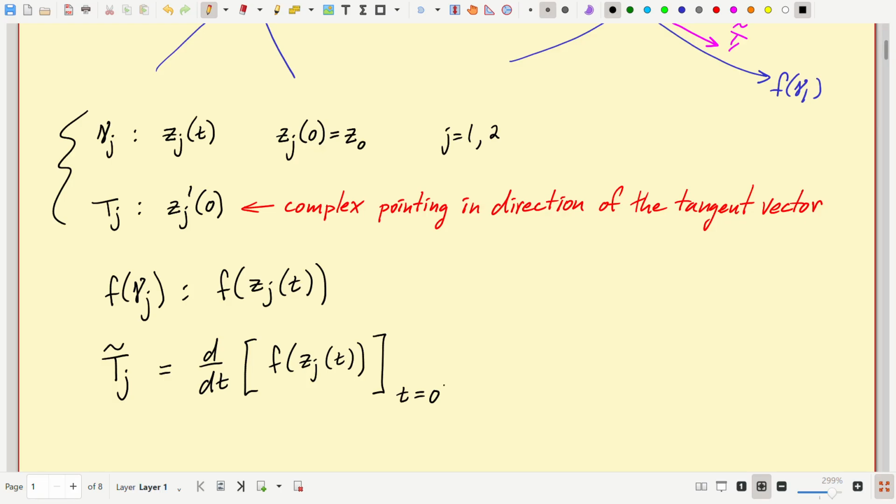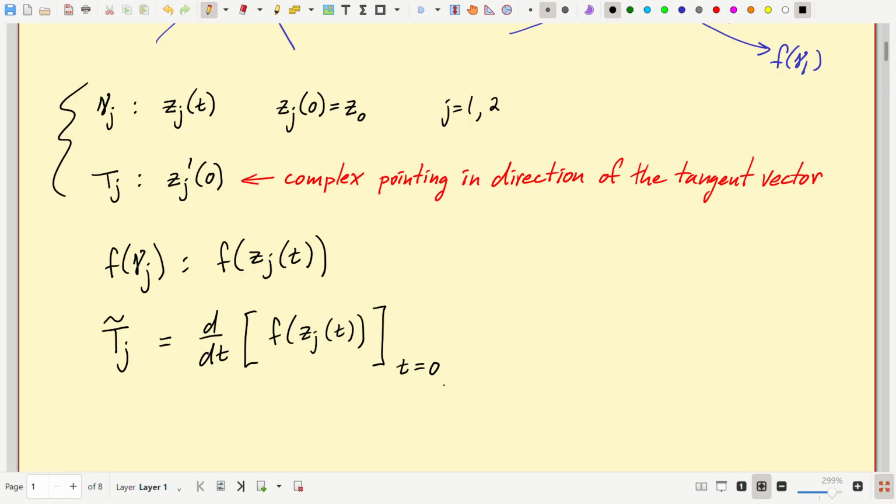And remember, if you have an analytic function and compose it with something parametrizing a curve, the complex version, and this was the famous chain rule number 2, this is f prime of zj of t. This is the complex derivative, and this other one is the special derivative of a complex function of a real variable, zj prime of t.